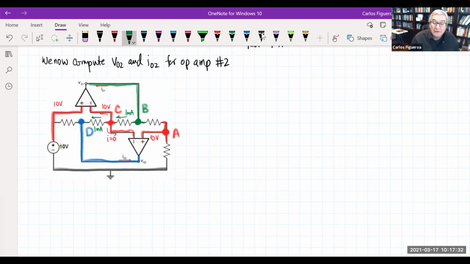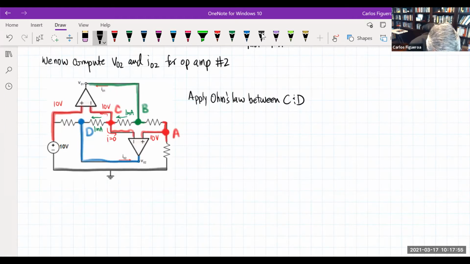So what can we conclude here? Now I want to apply Ohm's law between C and D. When you apply Ohm's law between C and D, you can see that VC minus VD has to equal 1 milliamp times 10K. So it has to be 10K times 1 milliamp, which is of course 10.